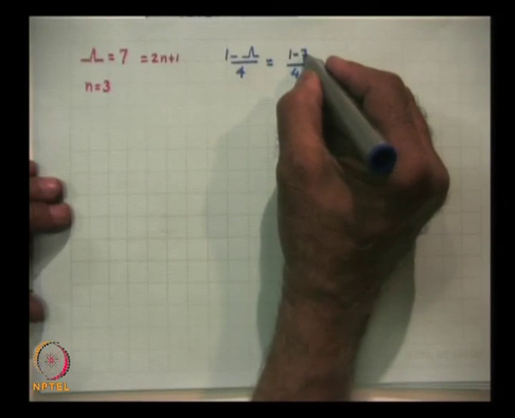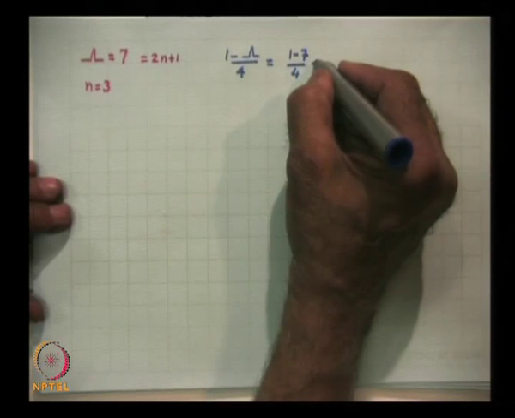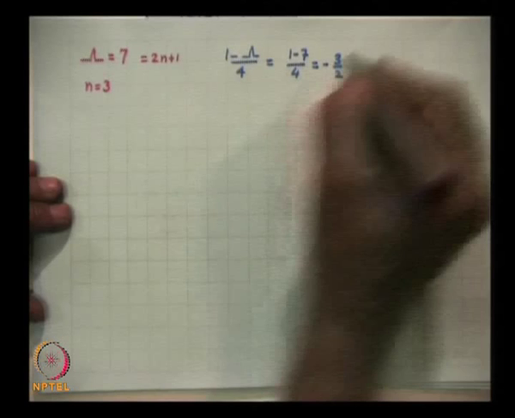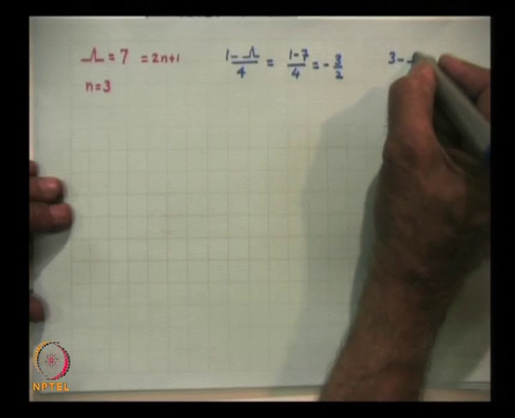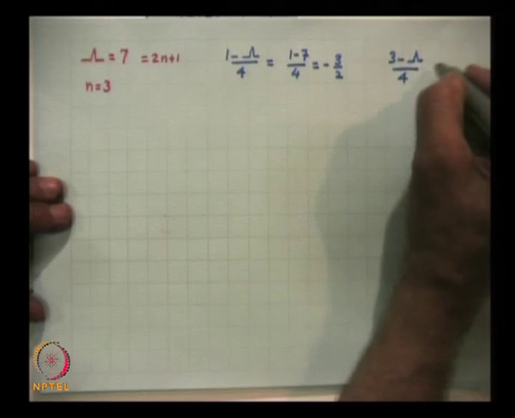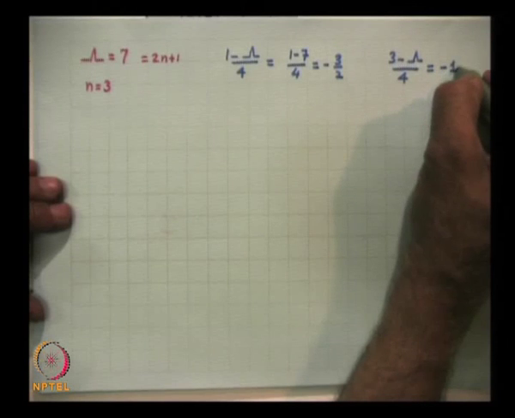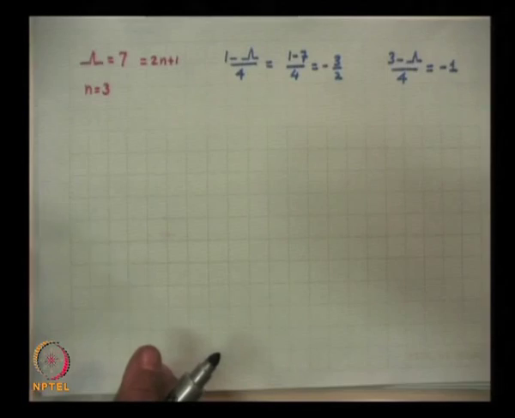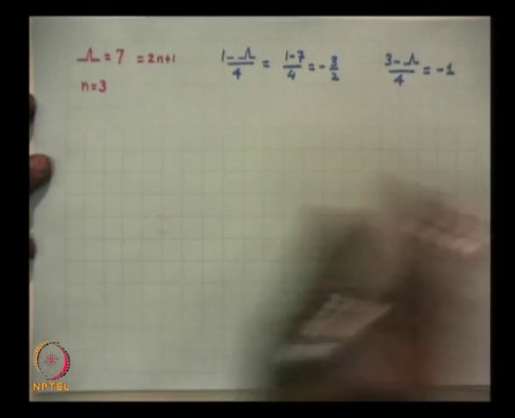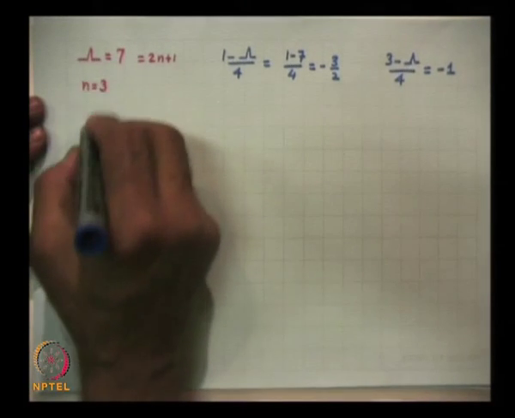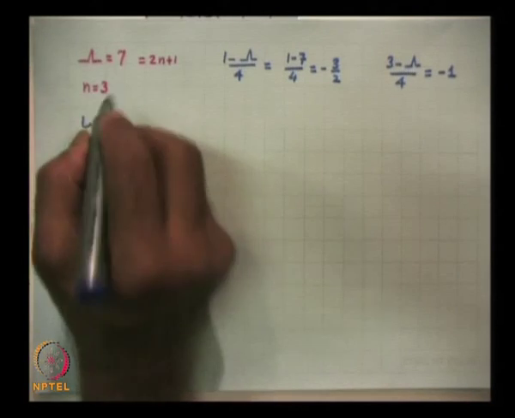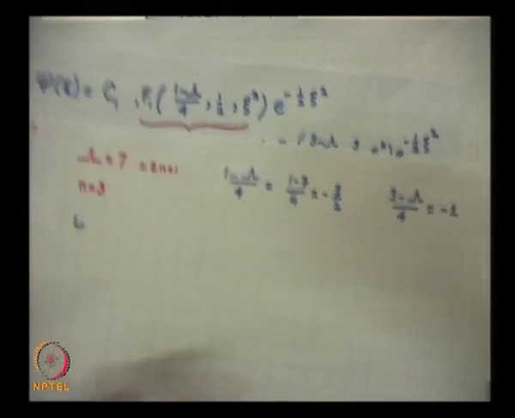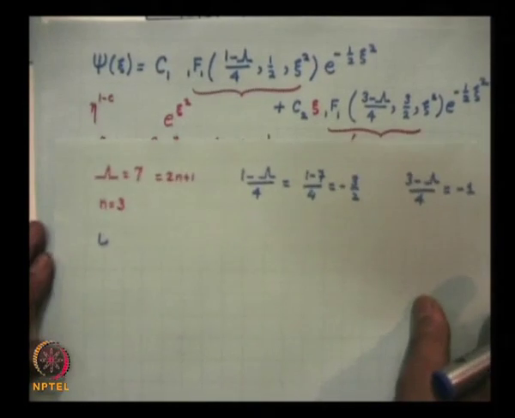So, this is minus 6 by 4, that is minus 3 by 2, and 3 minus lambda by 4 will be 3 minus 7 by 4, which is minus 1. So, I will obtain the solution as psi of xi. Please see this. Let me put the solution here so that you can see for yourself.